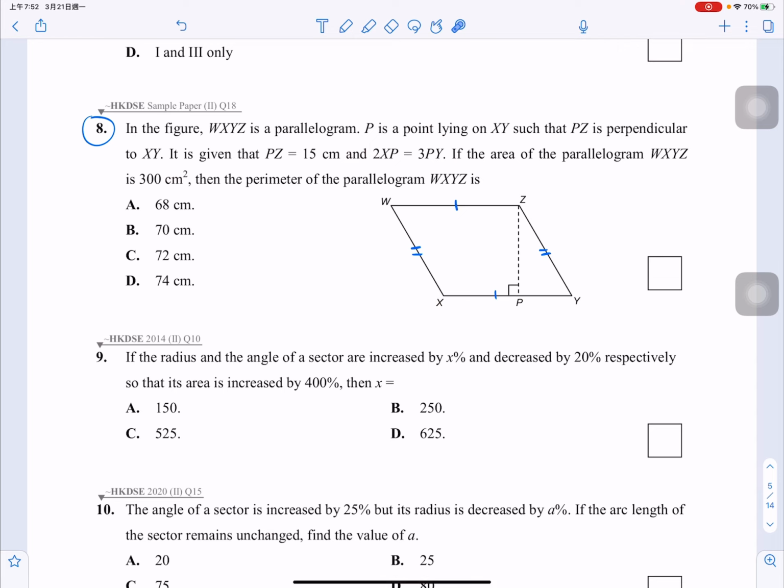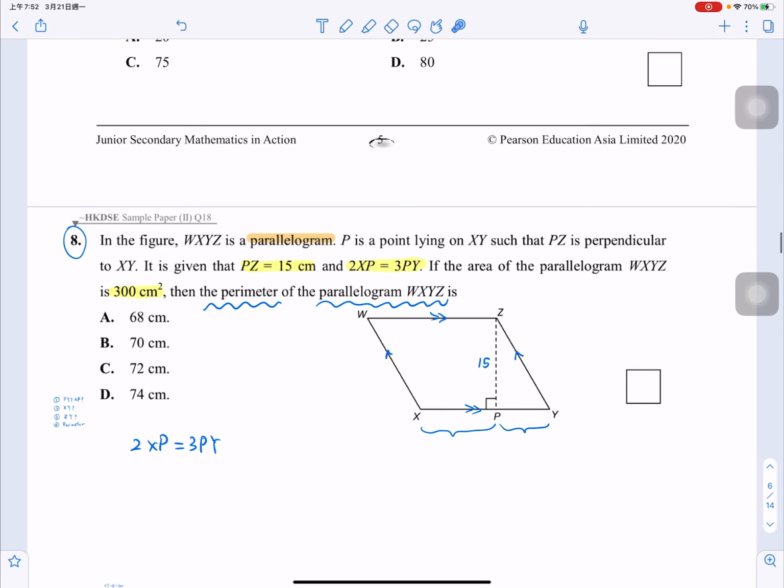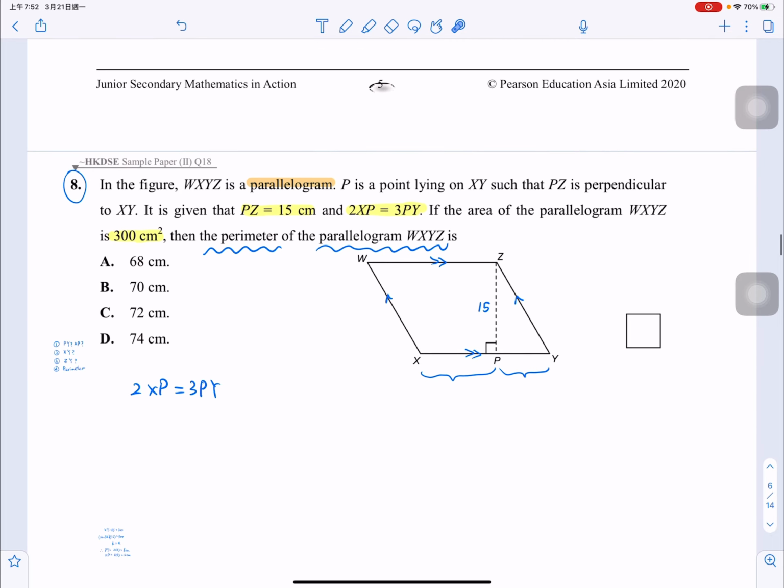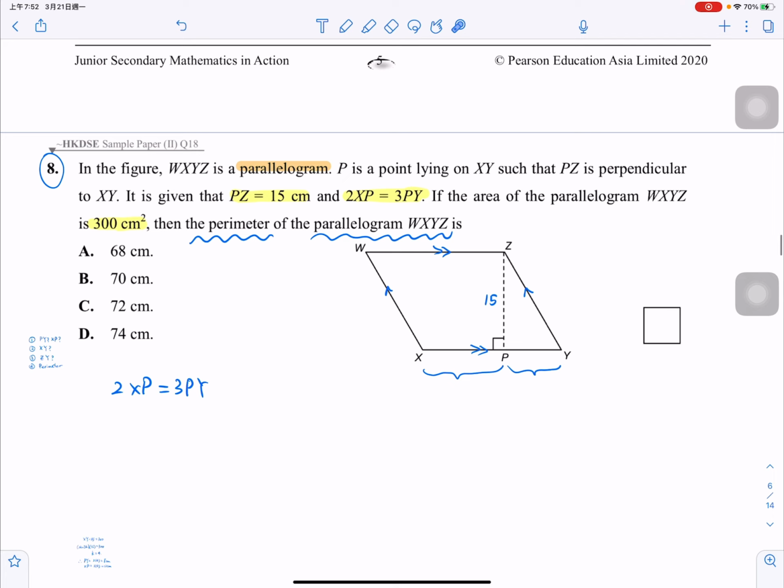Better to highlight all the important information. This is a parallelogram, so opposite sides are parallel and equal. Then this one is 15, and 2XP equals 3PY.